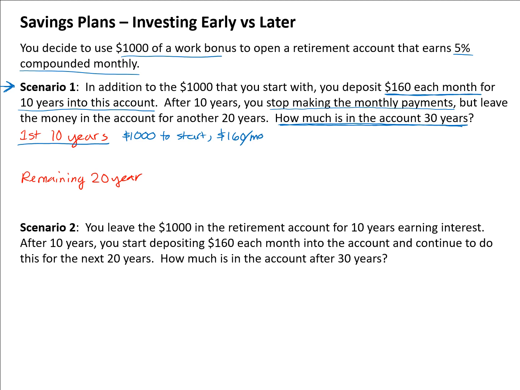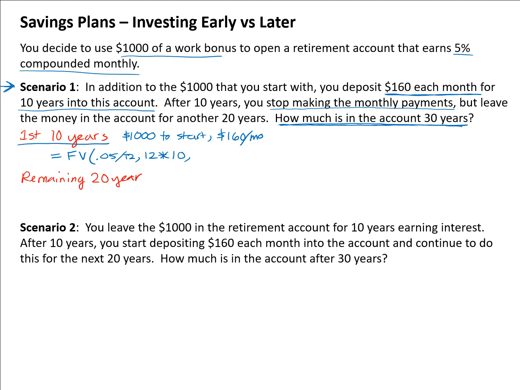So we could work out the future value at the end of those 10 years by typing equals FV in our spreadsheet for future value, putting the interest rate per month, which would be 0.05 divided by 12. Then the number of monthly deposits you're going to make, which is 12 times 10, because we're only going out 10 years here.